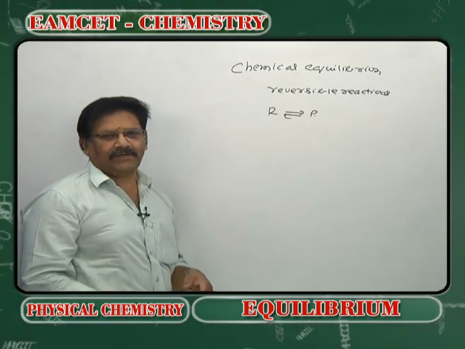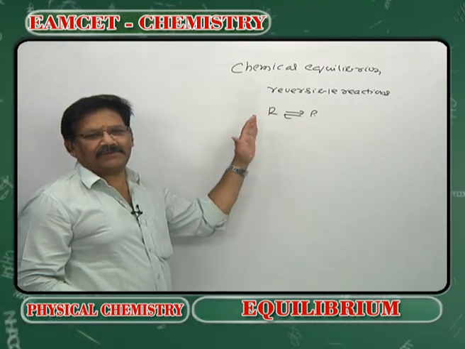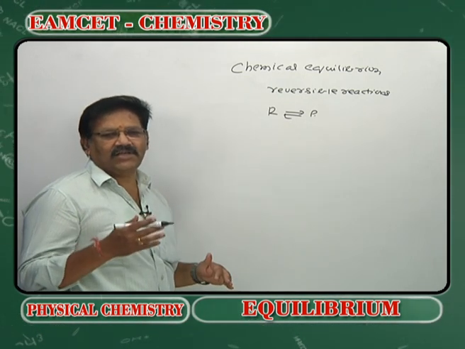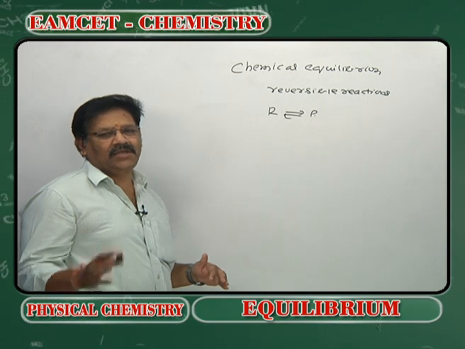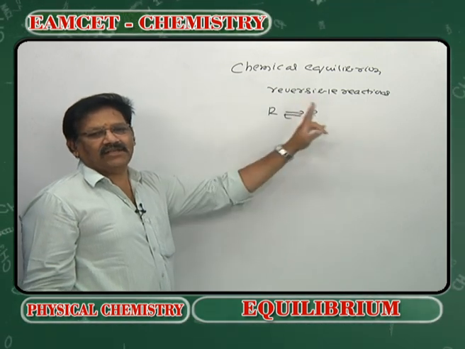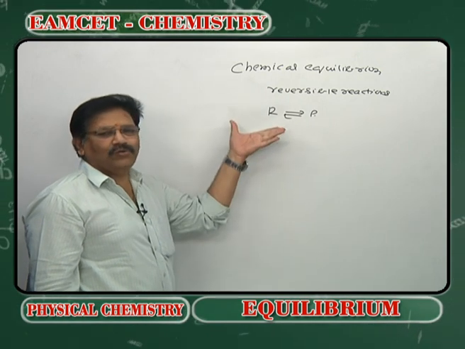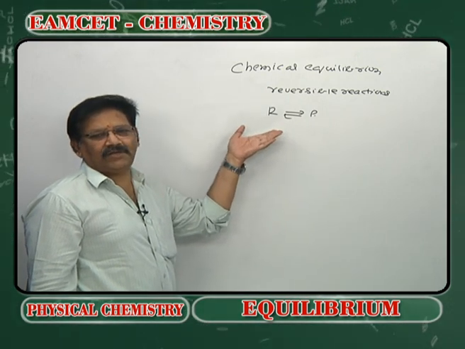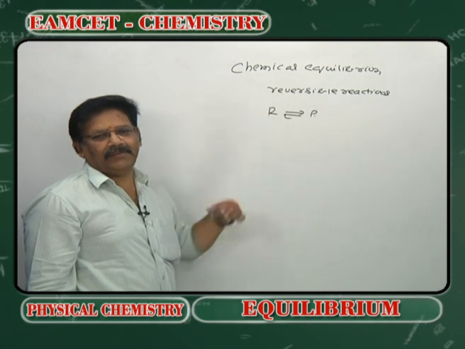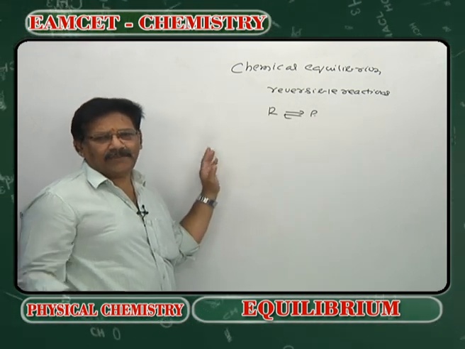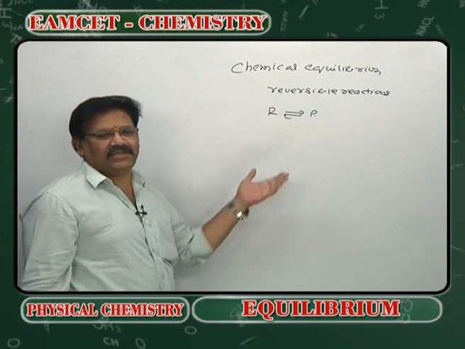So, what are the characters of chemical equilibrium? When chemical equilibrium is established, we observe no further change in the concentrations of the reactants or the products with time, as long as external conditions are maintained constant. How to recognize the attainment of chemical equilibrium? By the constancy in observable properties like pressure and color intensity.